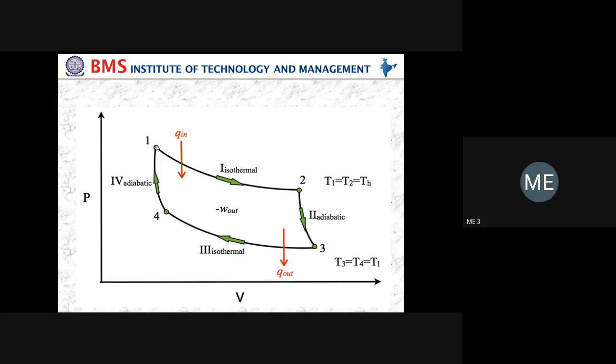That is, the initial state and final state are identical in a cyclic process. Here you see 1, 2, 3, 4, 1 is a cyclic process. On the other hand, 1 to 2 is a process, 2 to 3 is another process, 3 to 4 is another process, and 4 to 1 is another process.